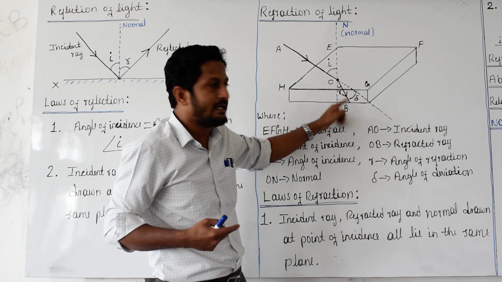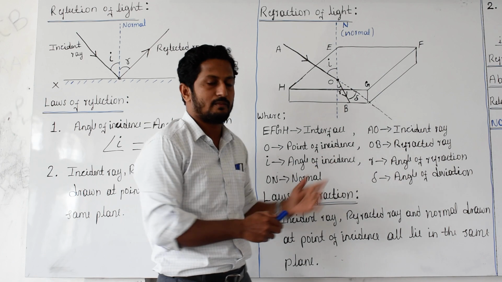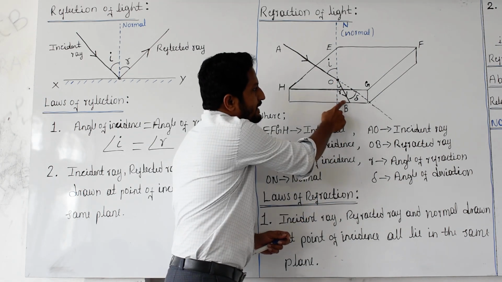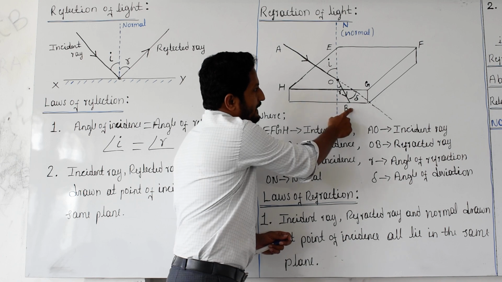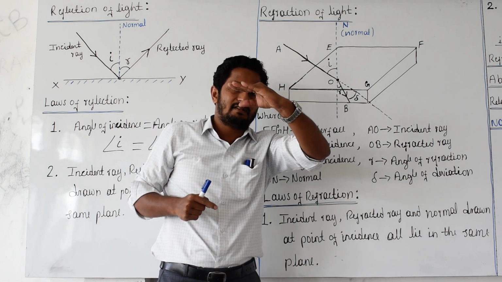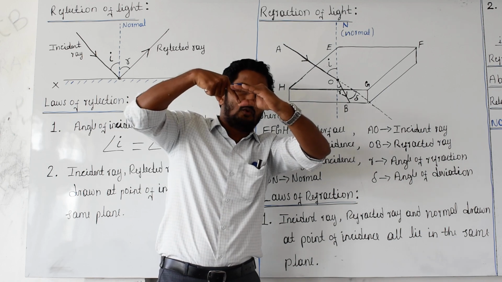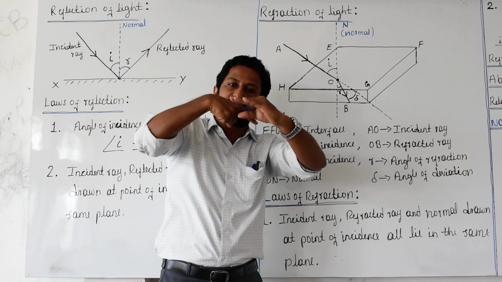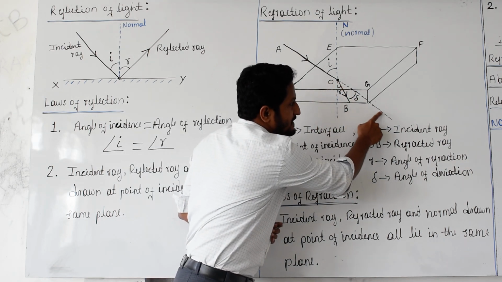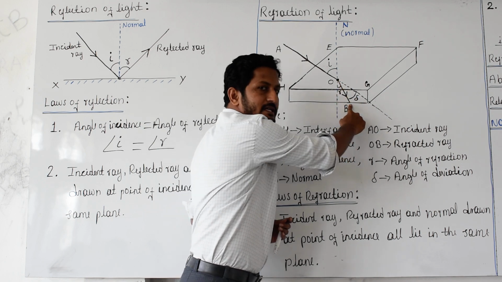It bent towards the normal. Look at the OB line, which is through the glass slab. This is the normal. Instead of going straight along the dotted line, it moved along OB.